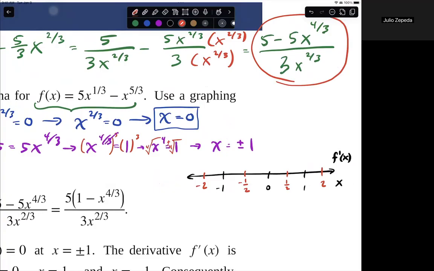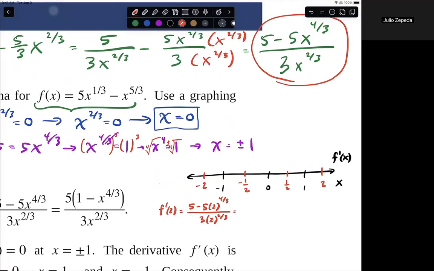I'll do it in red. So let's start with 2. F prime of 2 is equal to 5 minus 5 times 2 raised to the 4 over 3, over 3 times 2 raised to the 2 over 3.